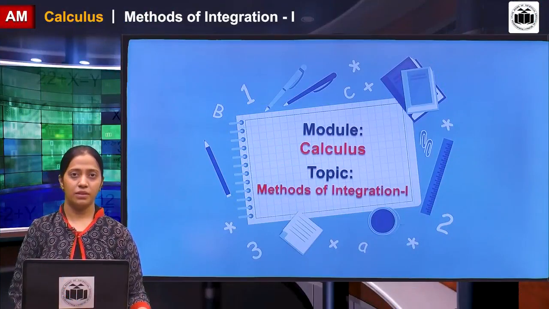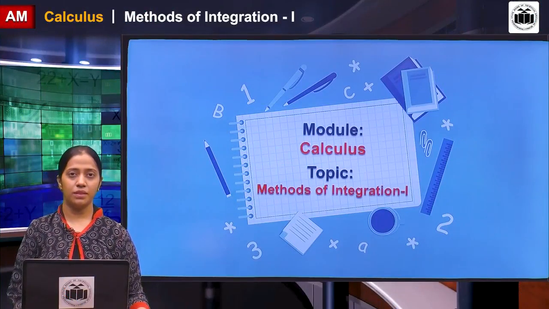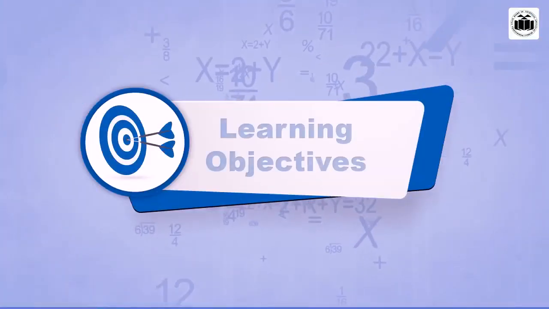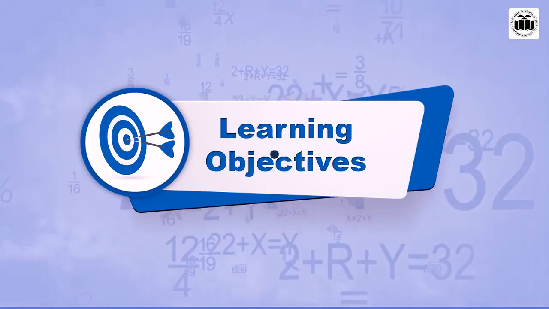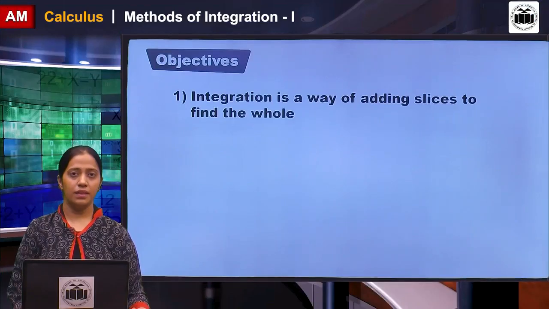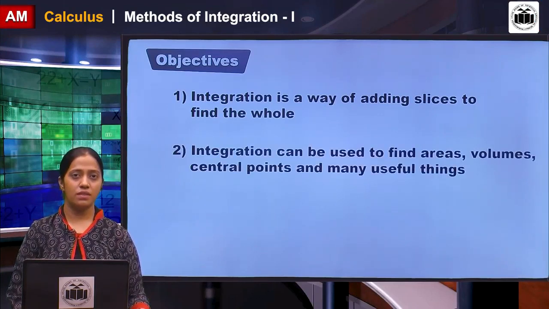Module is Calculus, topic is Methods of Integration Part 1. Integration is a way of adding slices to find the whole. Second objective is integration can be used to find the areas, volumes, central points, and many useful things.